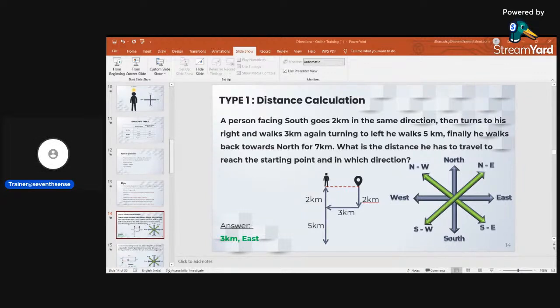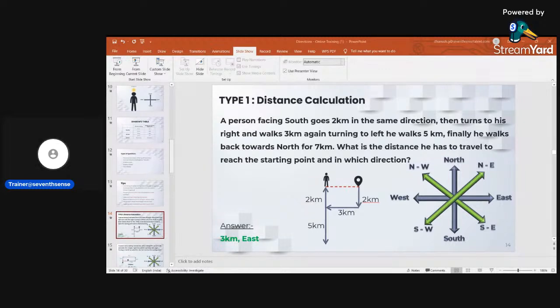Initially he is facing towards north and walks for 10 kilometers towards north, and then turns to his left. If you're facing towards north, this is the left side and this is the right side.